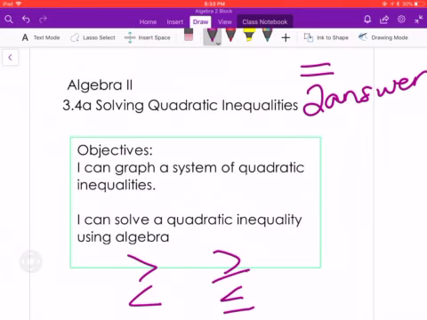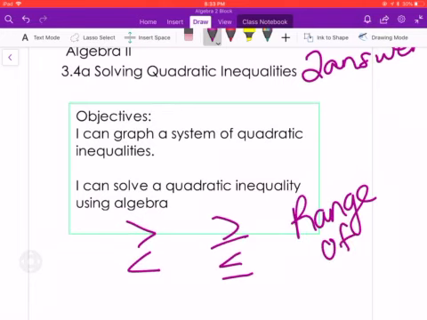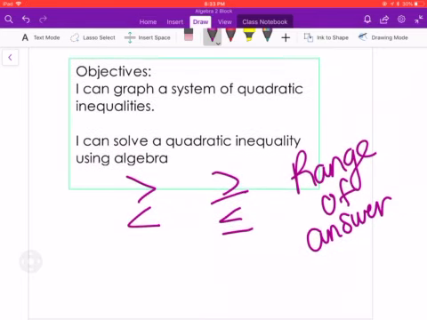Within inequalities, you have a range of answers versus just two answers. We're going to use the number line to help us find that range of answers.